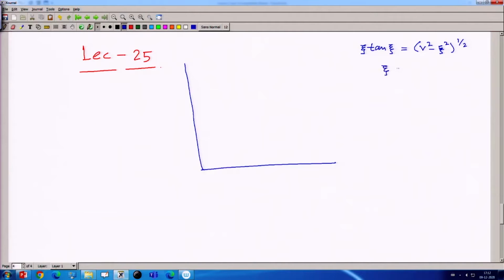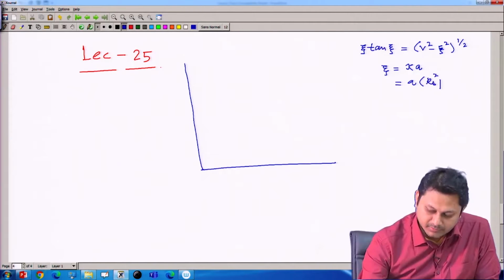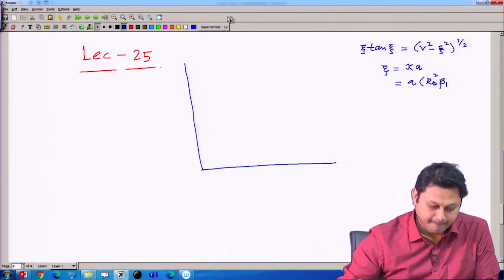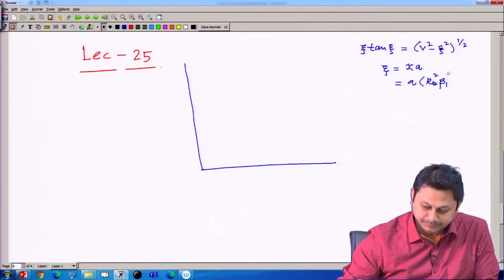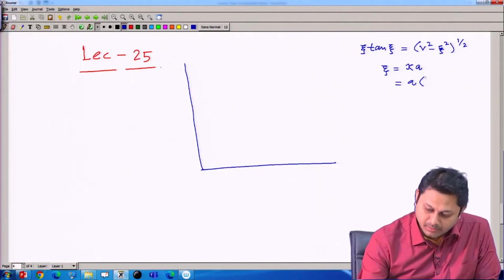My xi is kappa A, which is A multiplied by (k 0 square n 1 square minus beta square) whole to the power half.